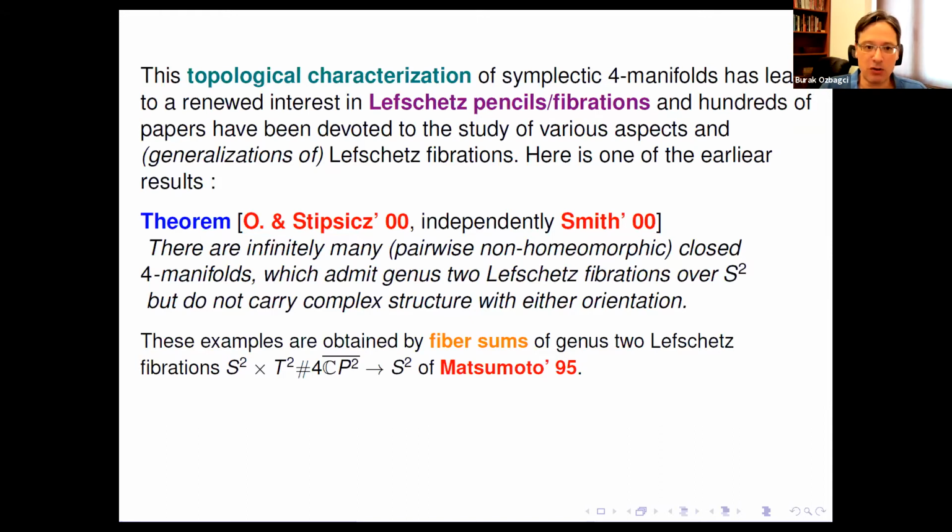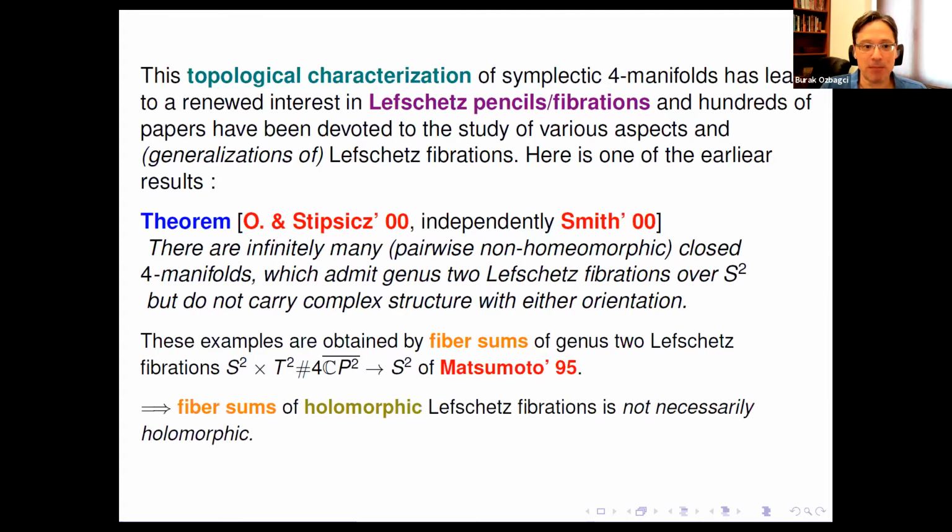It is still a genus 2 fibration. And in this case, you obtain one which is non-complex. So as a corollary, this also shows that fiber sums of holomorphic Lefschetz fibrations are not necessarily holomorphic, because Matsumoto's fibration comes from a holomorphic map. And when you take the fiber sums, you lose the holomorphicity of the fibration because the total space is not complex.